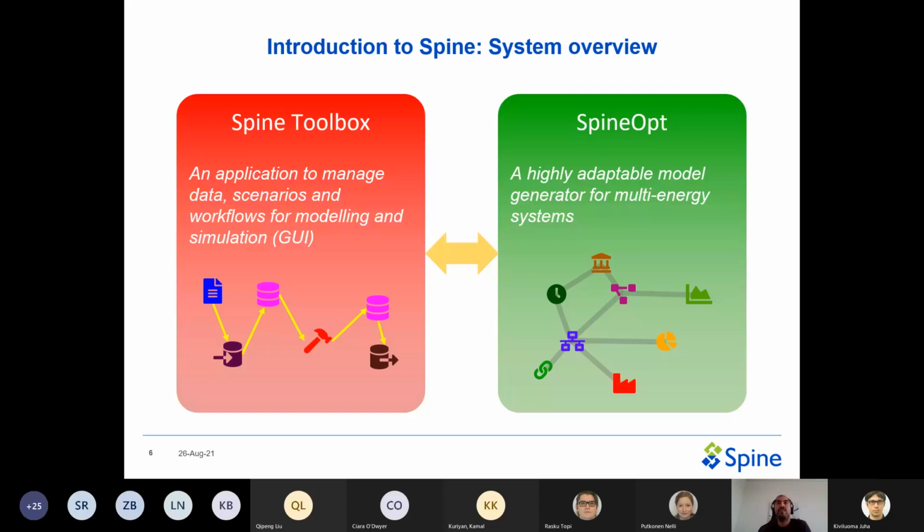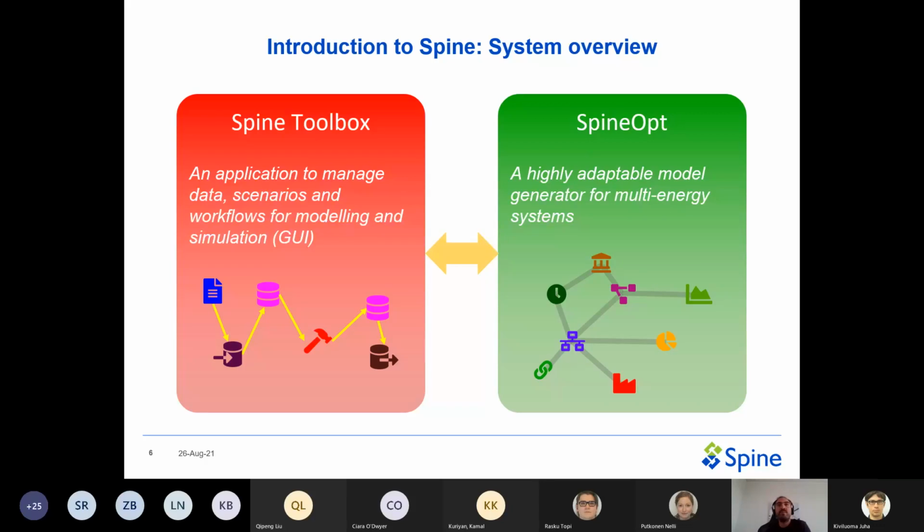This is a model generator that you can use with Spine Toolbox. So SpineOpt can be the tool that you use with Spine Toolbox to model an energy system, basically. And it has a specific data structure that I will talk about next.